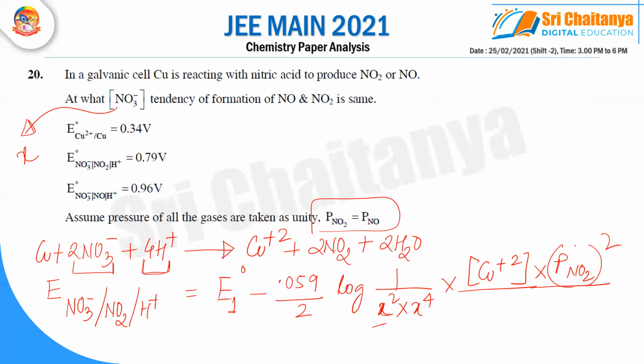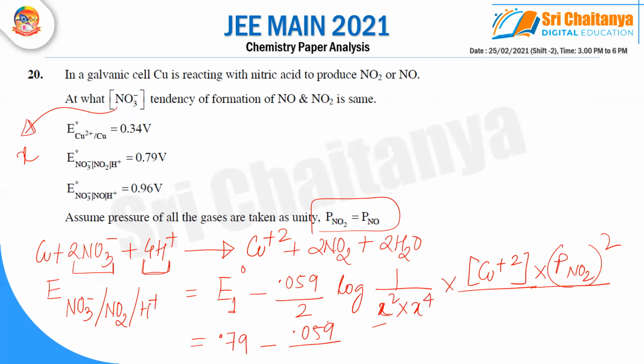Now they are asking to take the pressure of all gases to be unity. So this goes out. Second, we have the concentration of copper plus 2. The copper plus 2 concentration is also not given in the question. And as I do not have it, I will assume it to be 1. Otherwise, I cannot solve the problem. So if I simplify this one, in the given data, this value is 0.79 minus 0.059 divided by not 2.